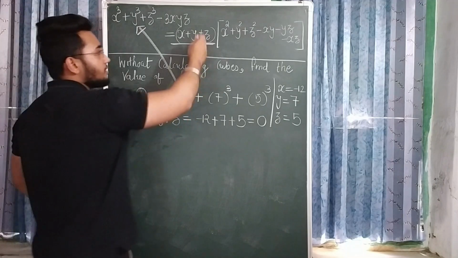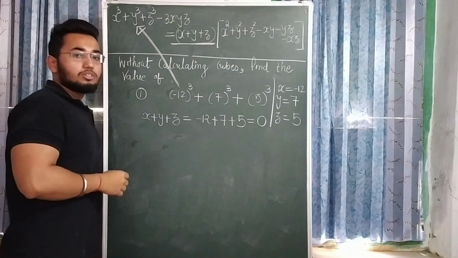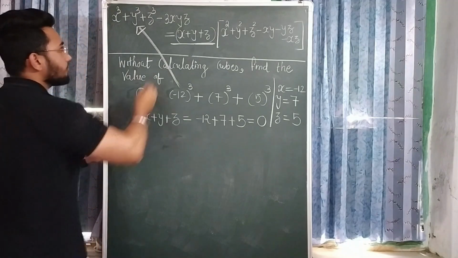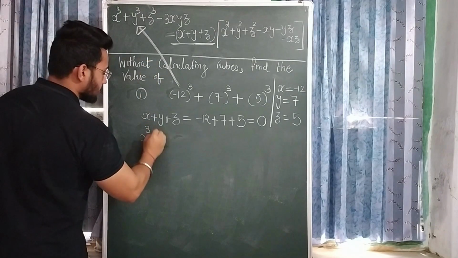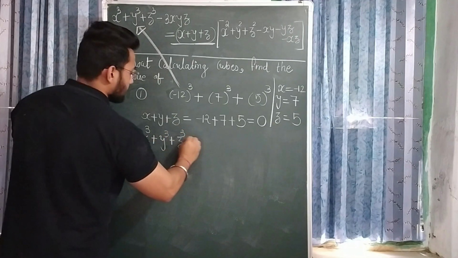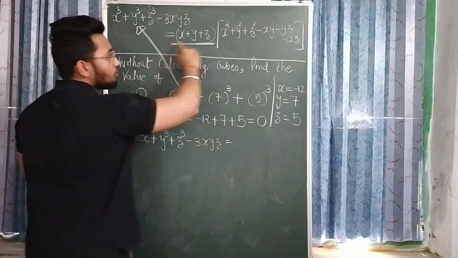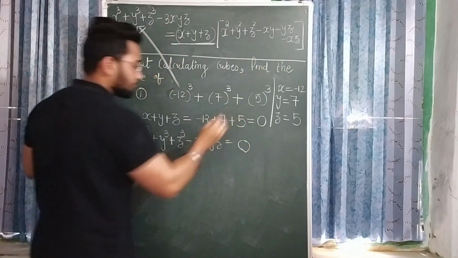So that means all the terms will multiply with the 0, then you get answer 0 only. That means your equation is now x cube plus y cube plus z cube minus 3xyz, here your answer is 0.